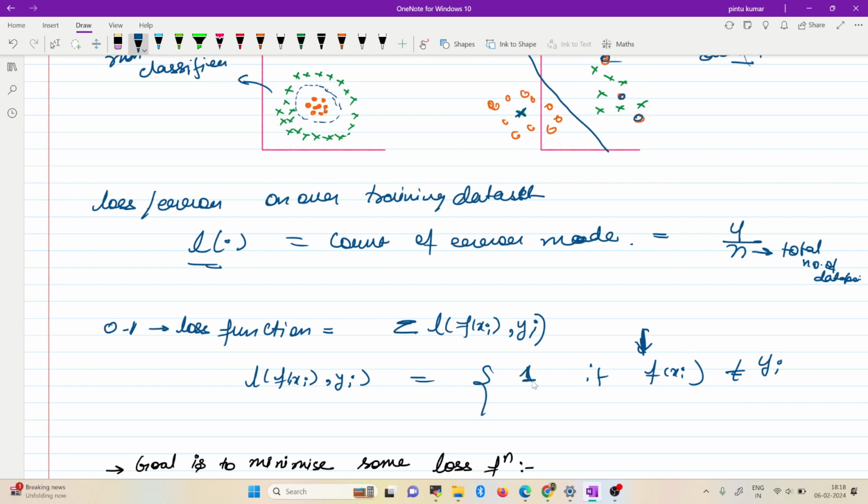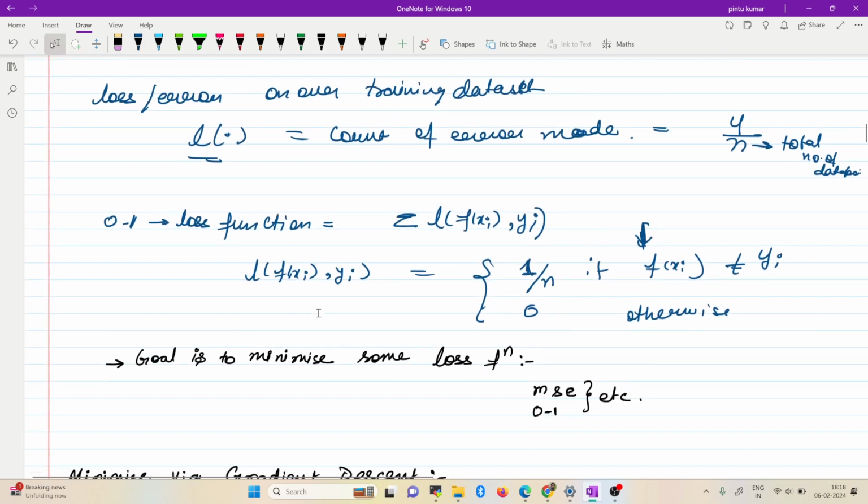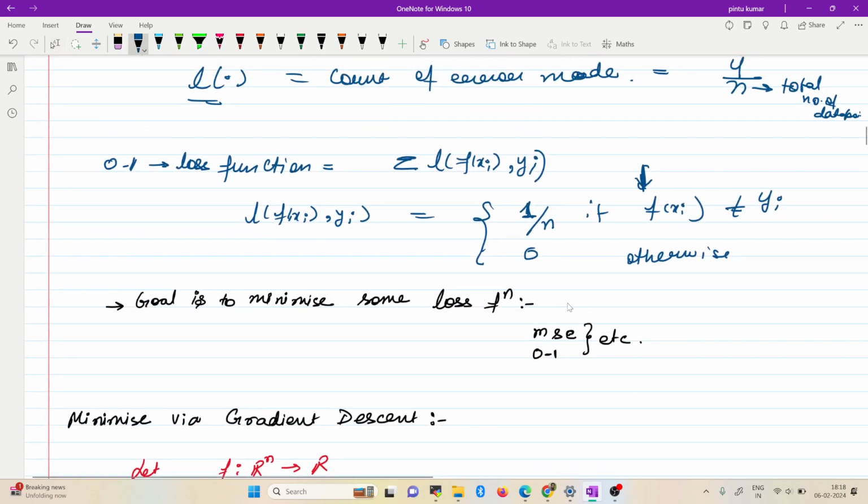Then my loss should add 1. You can just normalize it by 1 by n, where n is your number of total training data points, and 0 otherwise. So if you just add them, you will get something that is known as the 0-1 loss function. This was for classification.